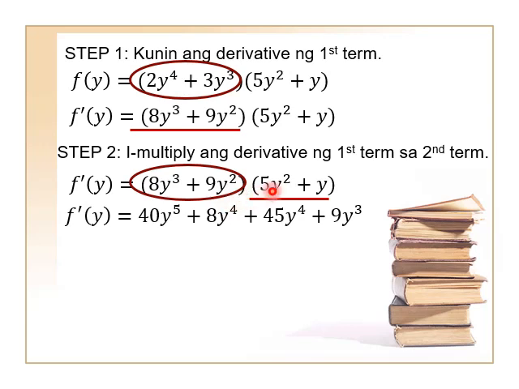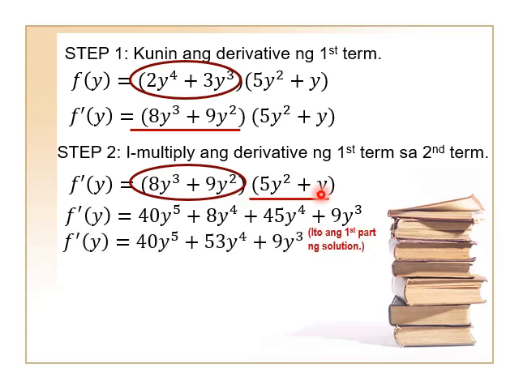And then, ito yung 45y raised to 4. And then, this one is 9y cubed. So, this is now the first part of the solution. So, you can combine here yung like term. So, pinag-combine na natin yung itong 8y raised to 4 at saka 45y raised to 4 kaya naging 53y raised to 4.